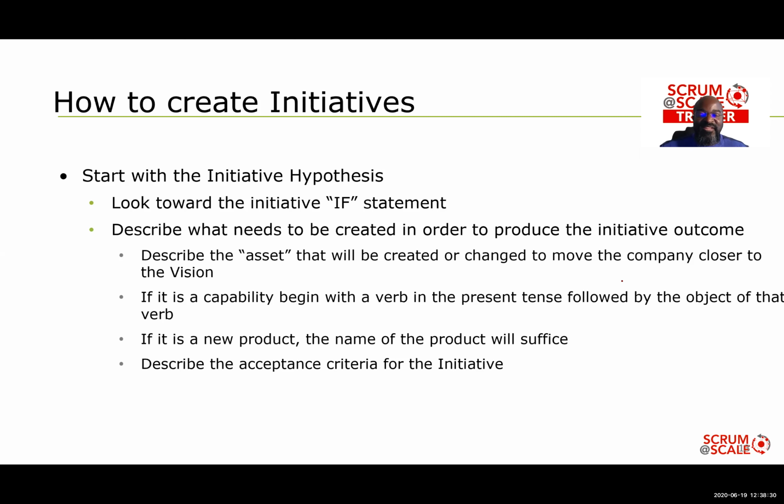In other words, I look at the if statement and underline all the nouns. For each one of the nouns in there, I ask the question: do I need to build or modify that noun in order to obtain the initiative outcome? If the answer is yes, I create an initiative for it.